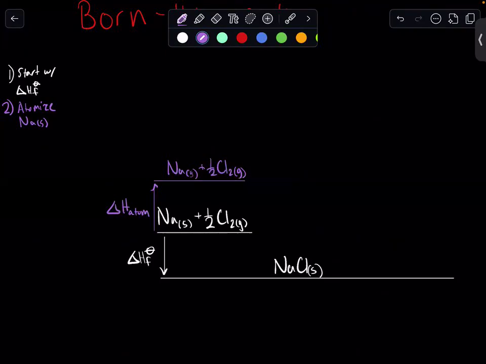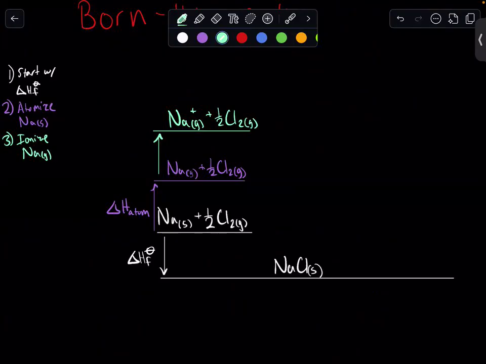After we've atomized our gas, the next step was we were going to ionize sodium gas. Once again, this is a positive value, and this will give us Na gas plus 1/2 Cl2 gas.